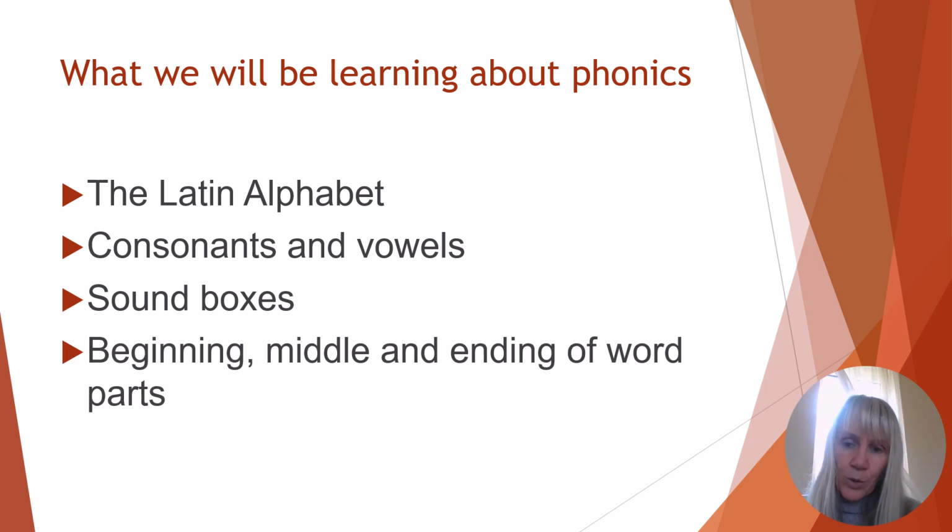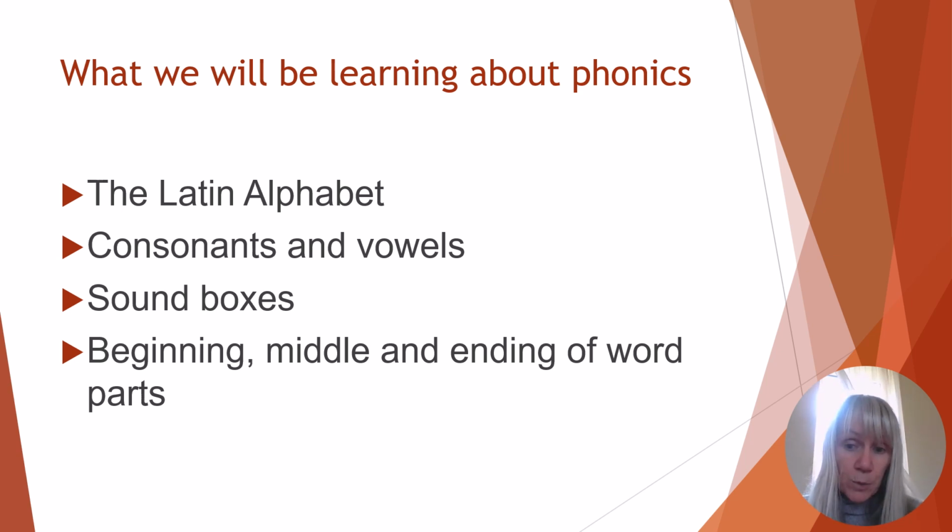We'll also be doing our word work, and word work involves looking at a word part or a 1-syllable word and breaking it down into a beginning, middle, and ending. We'll be looking at the beginning, what makes the beginning of the word part, which most often is consonants or consonant combinations. What makes the middle of a word part, which is often the vowel. And what makes the ending of a word part, which again is often consonants.